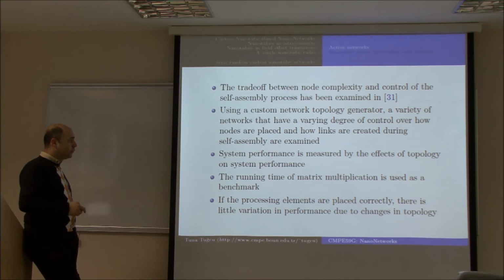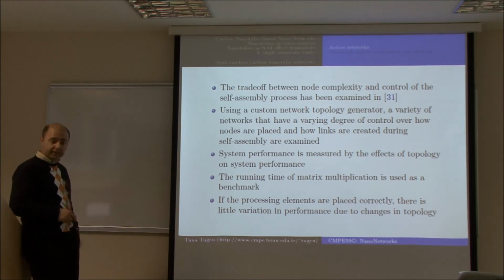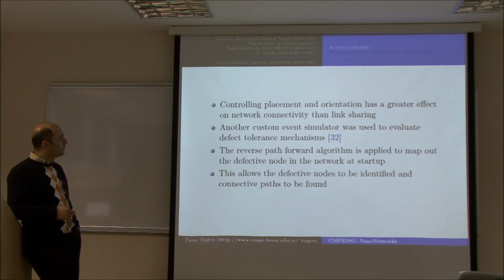And the system performance is measured by the effects of topology on the system performance. Also the runtime of matrix multiplication is used as a benchmark. And if the processing elements are placed correctly, then there is little variation in performance when you do that matrix multiplication due to the changes in topology, which means it's immune to changes in the topology if they're properly placed.